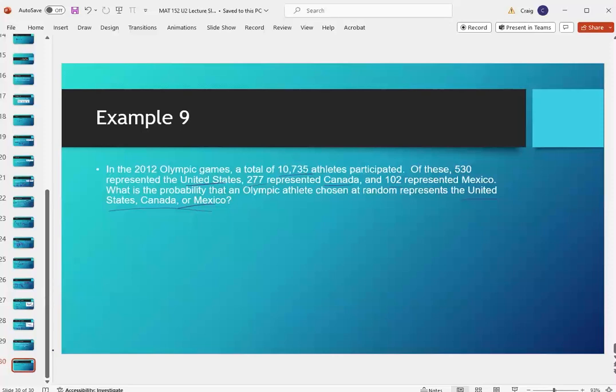If we want the probability that it's one or the other, then we just add all of those probabilities together. So let's say it's the probability of US or Canada or Mexico. We would just add those probabilities together.